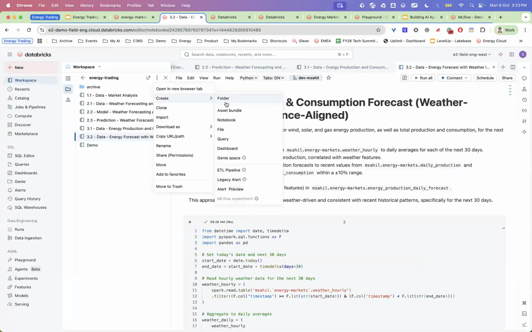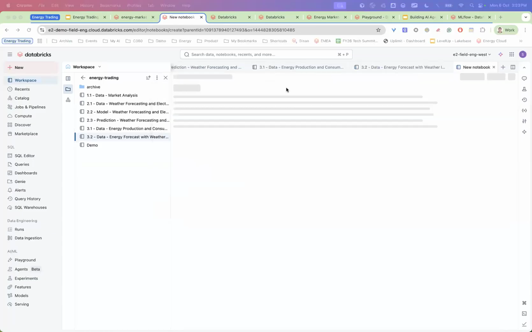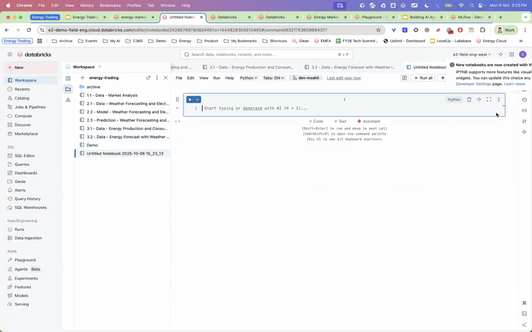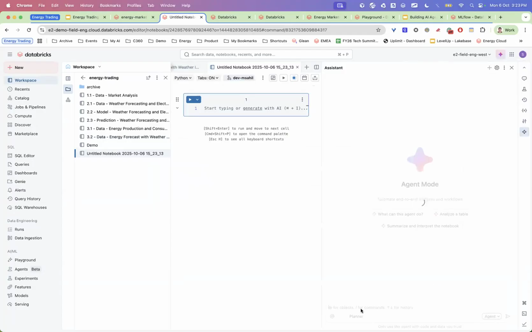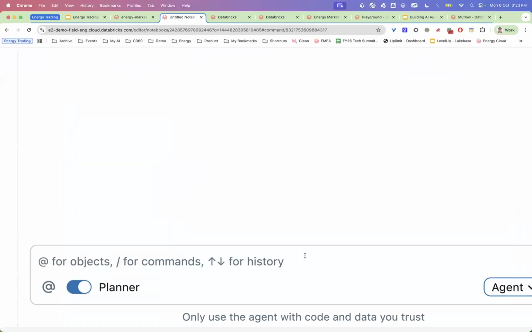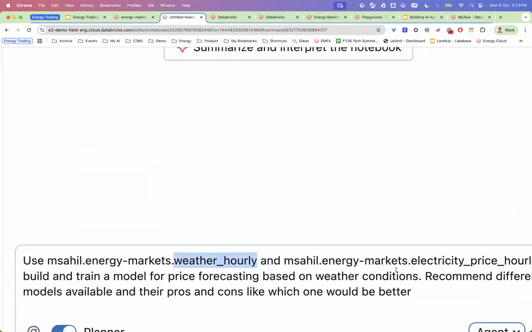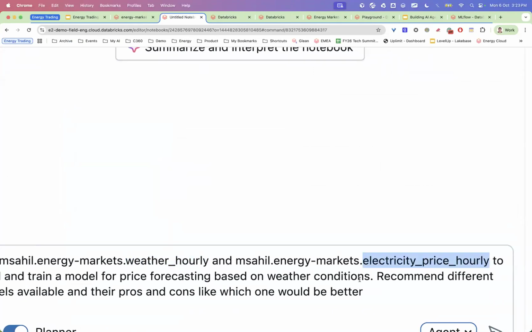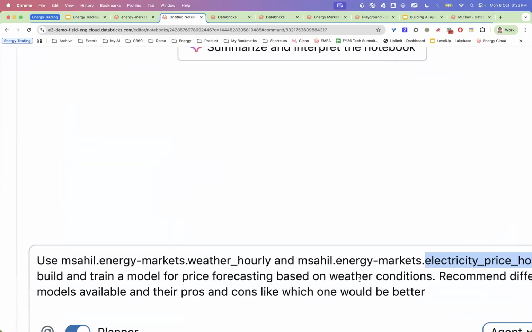Let me create a notebook and let's say we are building a forecasting model for price. So what do we do? We would open the agent, and this is a planner. You would see here we have the agent mode in Databricks. Let's say we are using the weather data and the pricing data to come up with pricing recommendations for the next day.